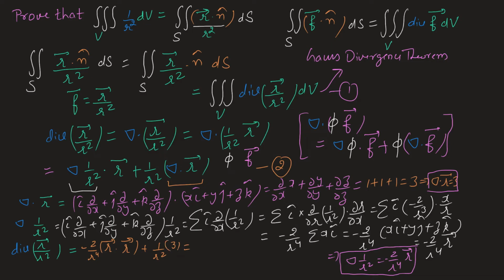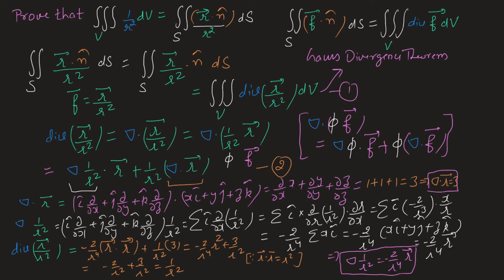We know that r dot r is r square, so this will be minus 2 by r to the power 4 times r square, plus 3 by r square. This is equal to minus 2 by r square plus 3 by r square, which gives 1 by r square.